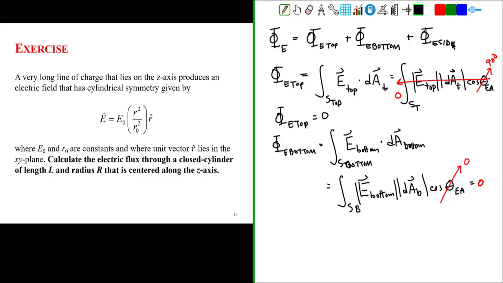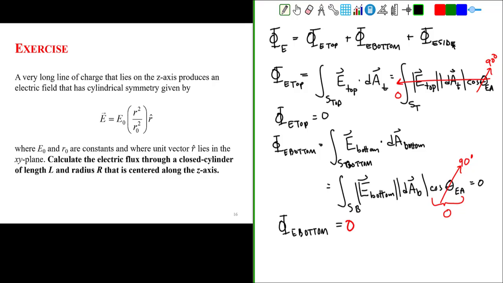And just for your notes' sake, since I put a line through that angle theta, I'll label this right here to be 90 degrees, which makes the cosine of 90 degrees equal to 0. And that's why the electric flux through the bottom surface is equal to 0.